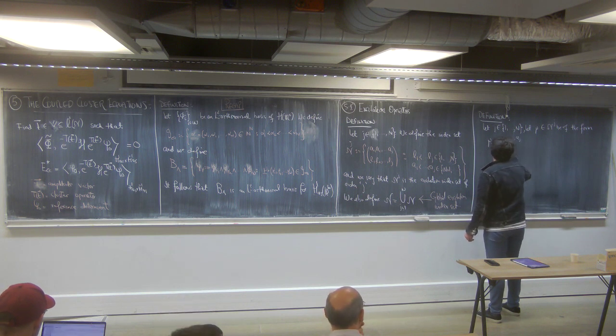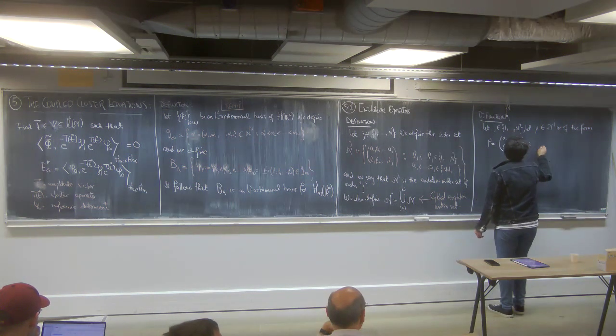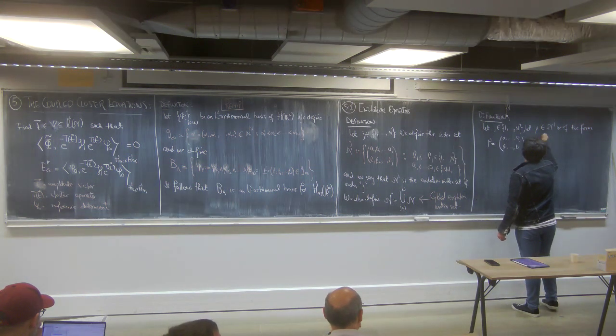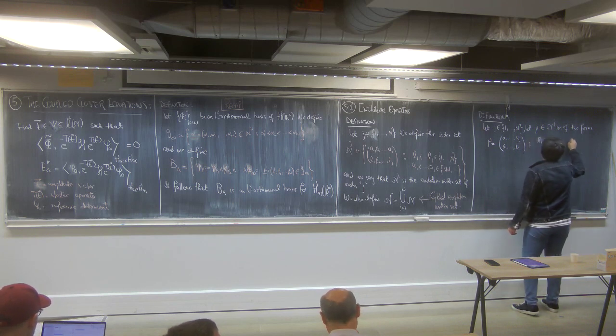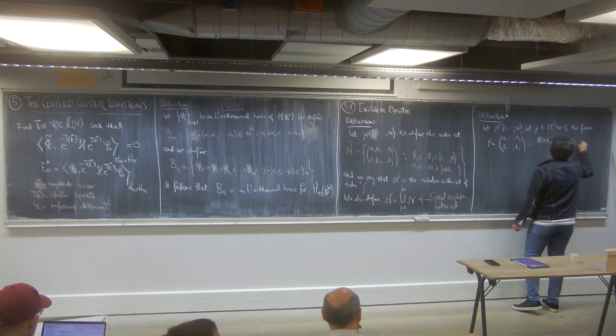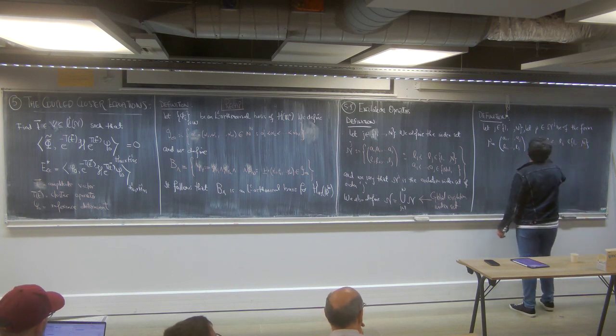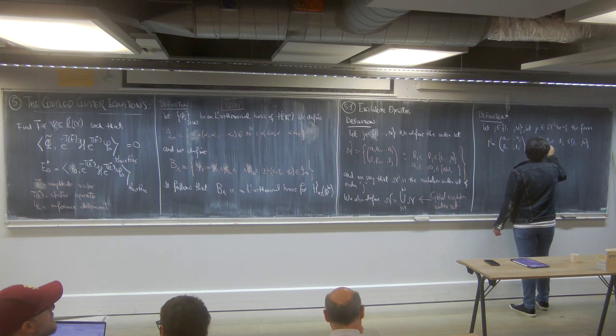You will have j numbers at the top and j numbers at the bottom. The numbers at the bottom are between 1 and n, and the numbers at the top are strictly larger than n.